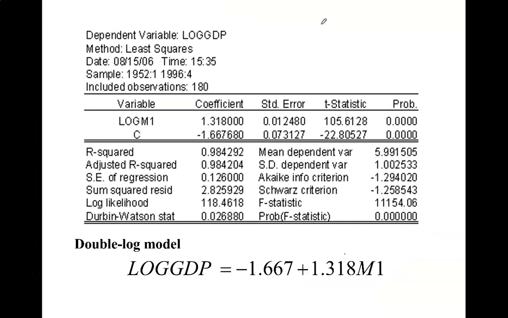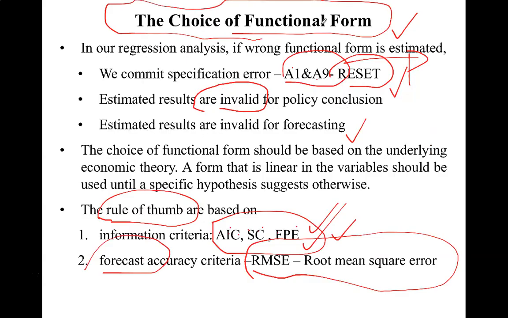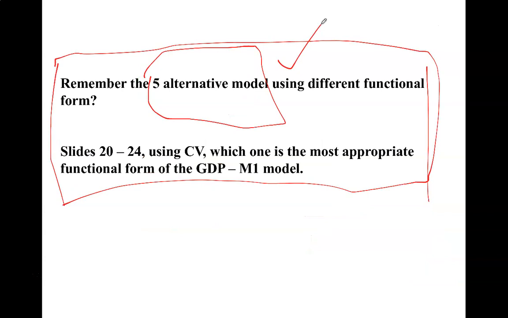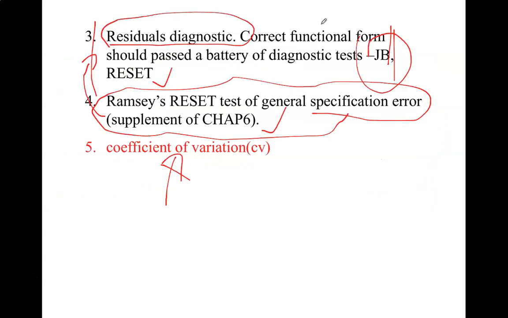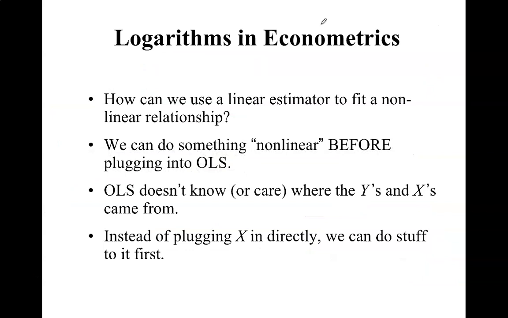Calculate this CV, and then choose which one is the best. You can also do this using the residual diagnostic. That's what we can prove it to be the best model.